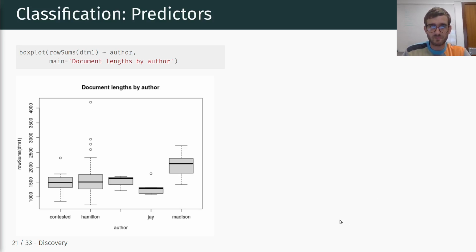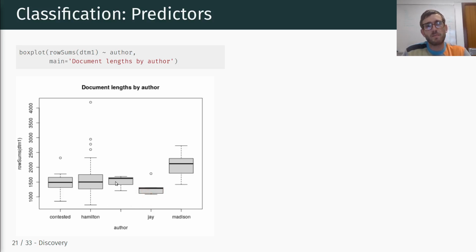So if we look here at the document lengths, or the number of words, across authors, we see that there's wide variation in average length of documents between authors, right? So Madison wrote longer essays, Jay shorter essays, and so on, right?